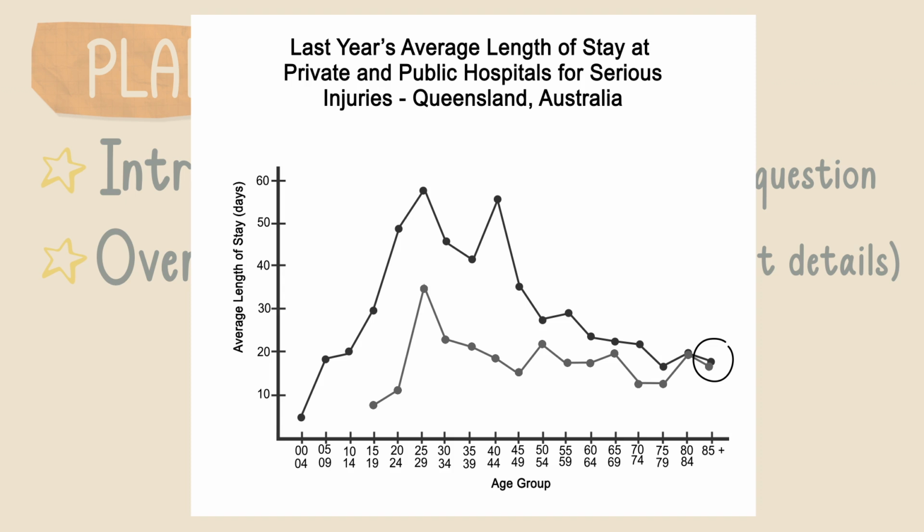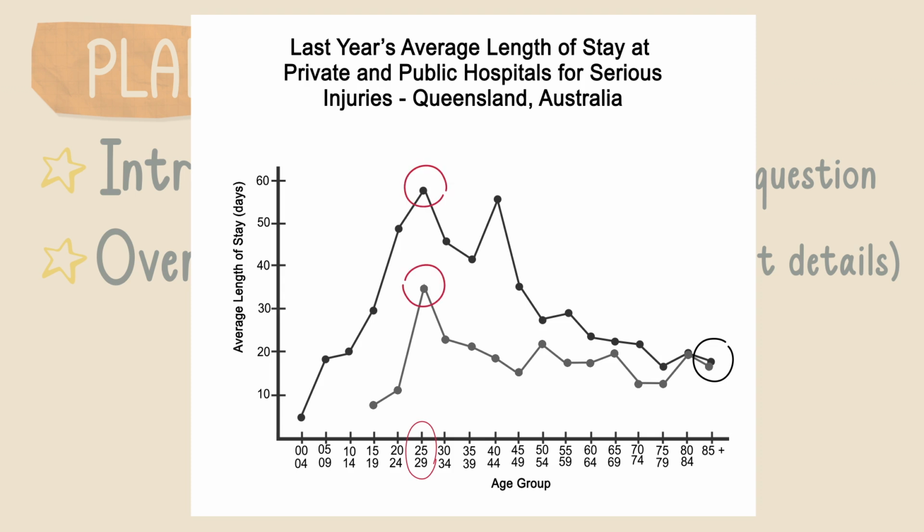Another thing which is important here is that you should pay close attention to the trend of both categories, public and private. As you can see, they follow a very similar trend in terms of how the stays rose and dropped, all right? For example, at ages 25 to 29, as you can see, they have the same trend.